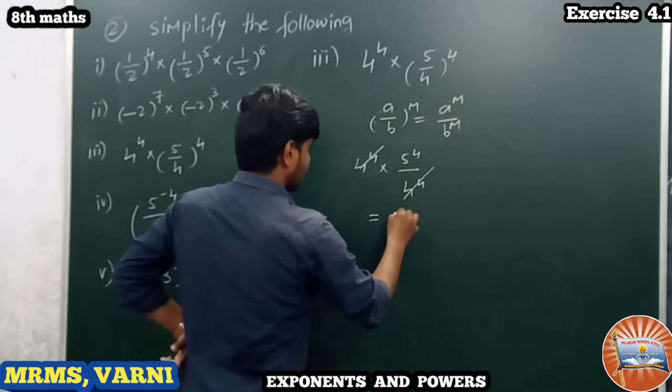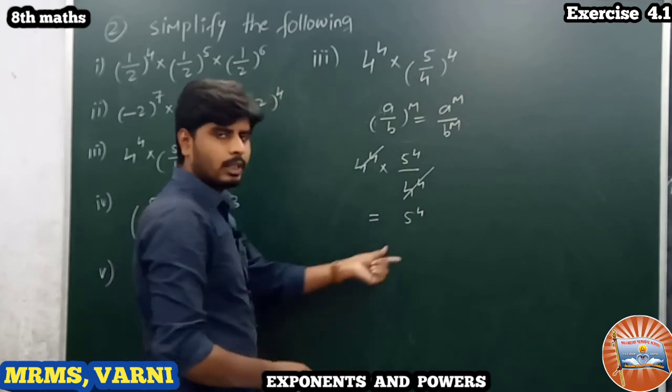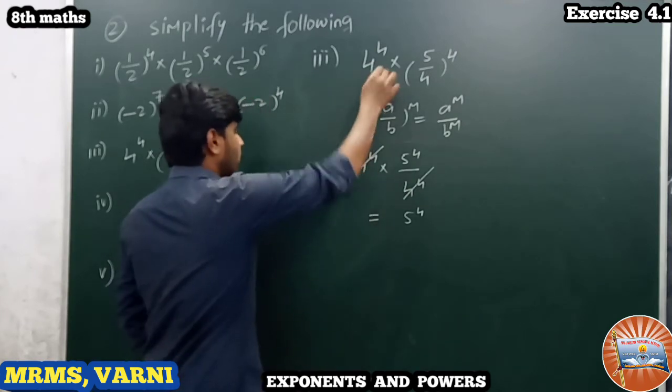What is remaining? 5^4 is the remaining. This is the simplification of this.